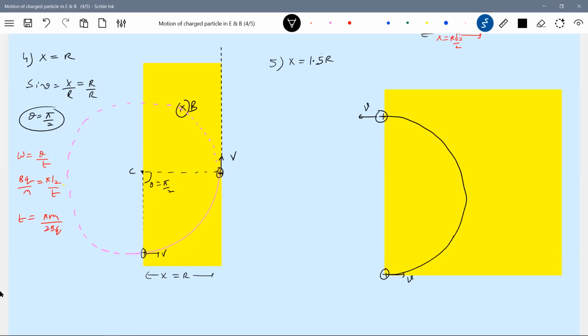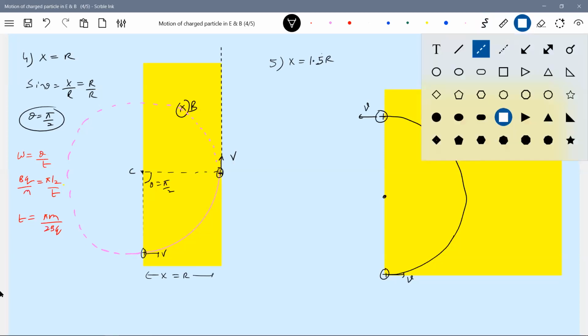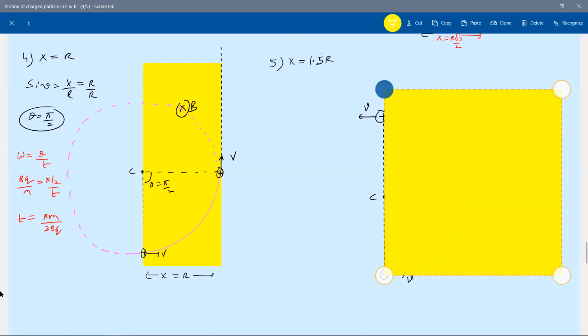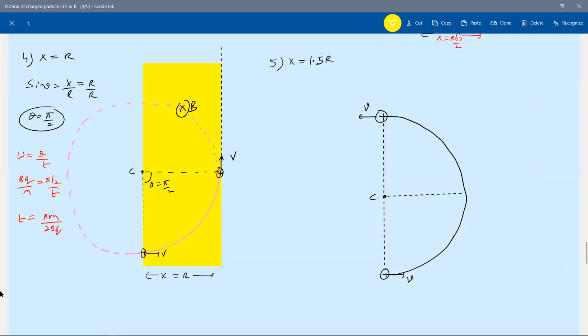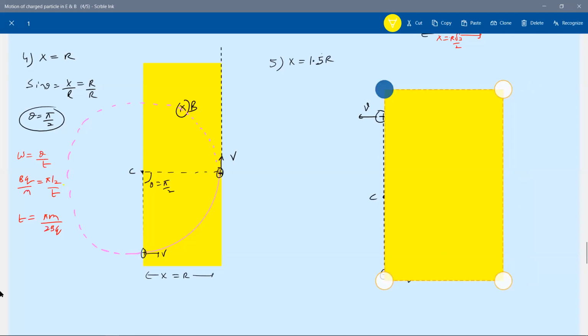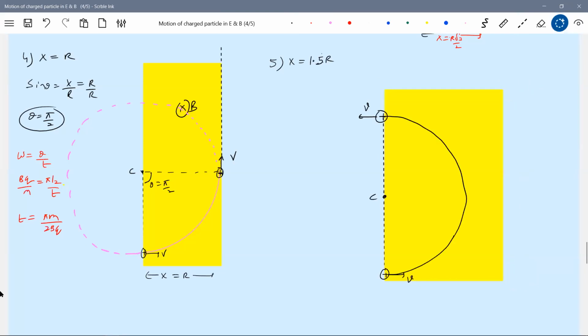It will deviate by 180 degrees. This will be the center of the circular path. I made x equal to 1.5 r.